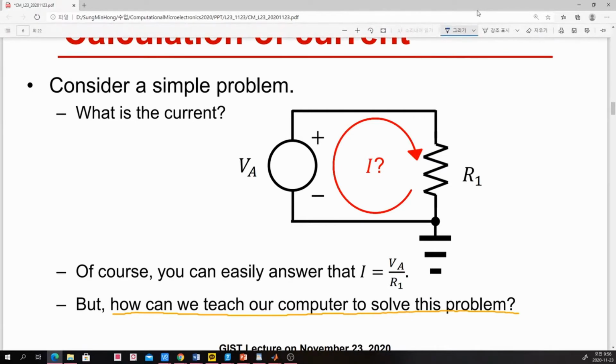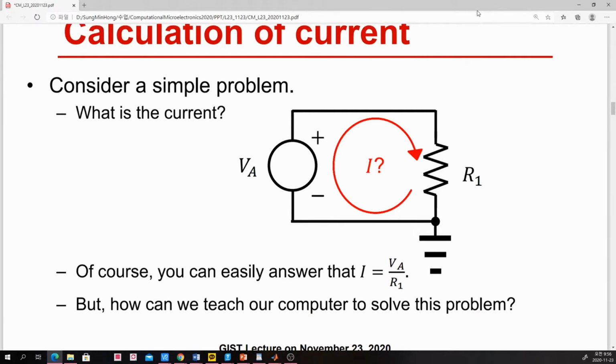So of course this example is easy for us to solve. However, if we add slightly more resistors to this circuit, then it becomes more complicated to solve.